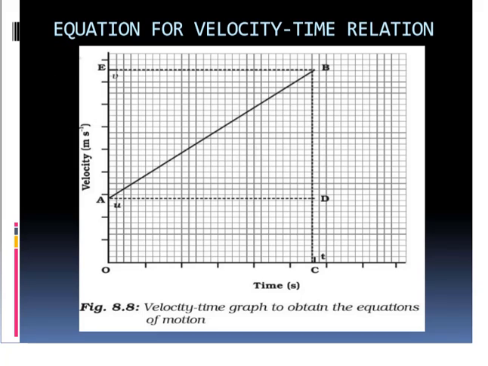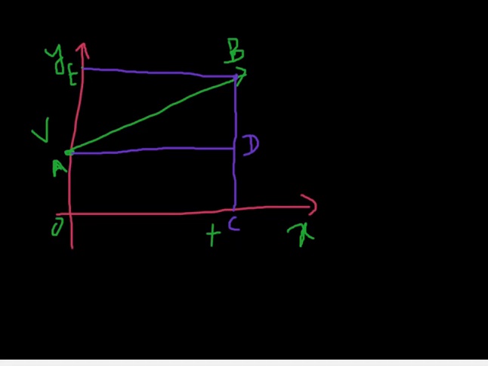Now before the equation for velocity time relation with the help of this graph, I want to make you understand something, that there are 3 types of relation between velocity, acceleration, time and displacement traveled by the body.